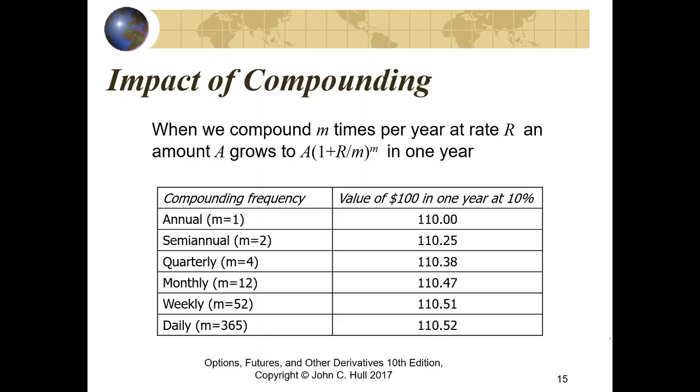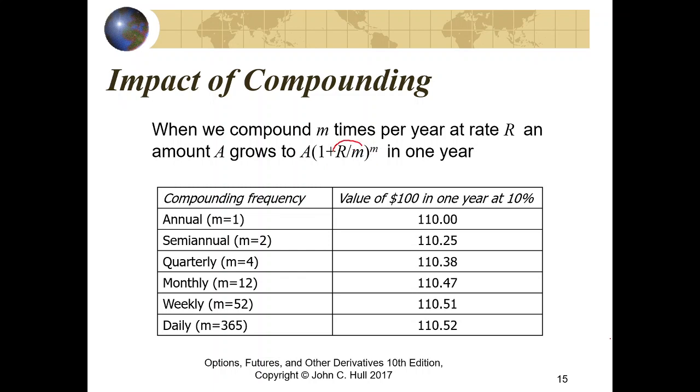So when we compound m times per year at the rate r, and r is again an APR rate or a quoted rate or a nominal rate, which generally we do not use directly to calculate interest payments or to discount, an amount A will grow to A times (1 plus r divided by m), all to the power of m.